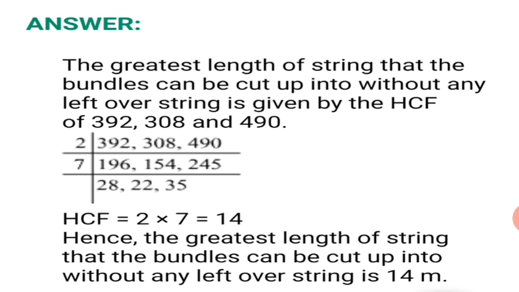Now the common factor we get is 7: 7 28s are 196, 7 22s are 154 and 7 35s are 245. So the HCF is equal to the left side common factors multiplied: 2 into 7 is equal to 14. Hence, the greatest length of string is 14 meter. So you have got your final answer.